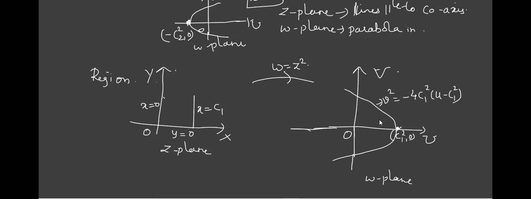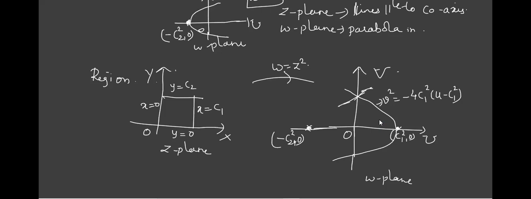Next, in the second case, we take a line parallel to the x-axis. What is the equation? Y equal to C2. We again get a parabola. What is the vertex for that? Minus C2 square, comma 0. With this as the vertex, you should take a parabola opening right side.